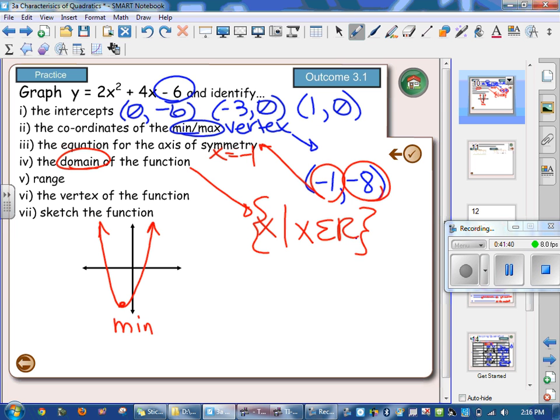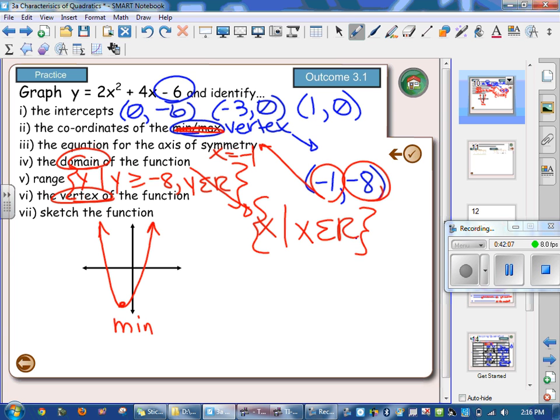There's your coordinates of your min-max. That's actually your vertex as well. It's asking for our vertex. But if it's just asking for the coordinates of your min-max, I think it's talking about the y. Usually it wants the y if it's talking about min and max. Okay, so min-max is more the y. So our vertex here would be the -1, -8. And we sketched our function. So check your work, make sure everything matches.